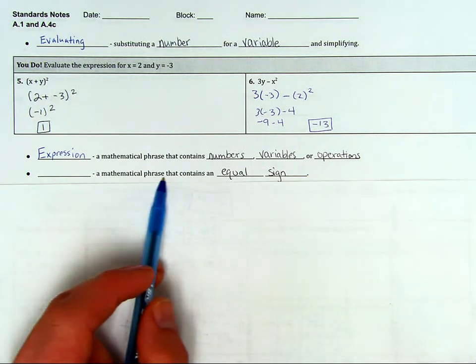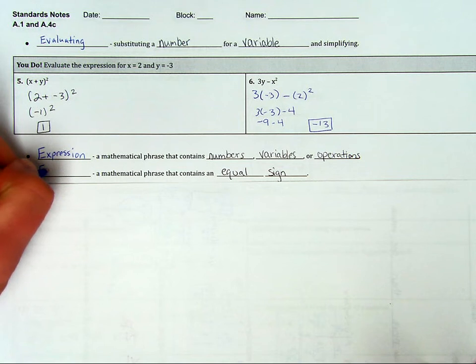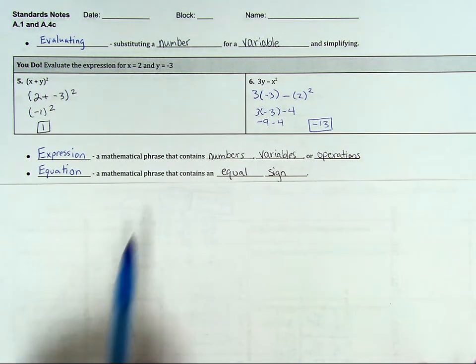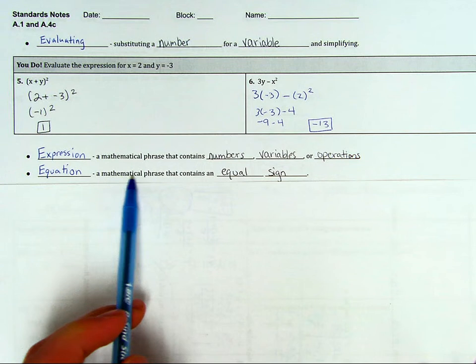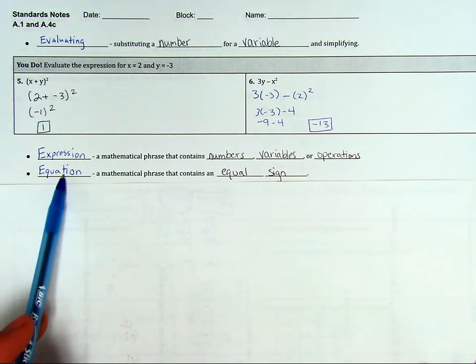A mathematical phrase that contains an equal sign is called an equation.